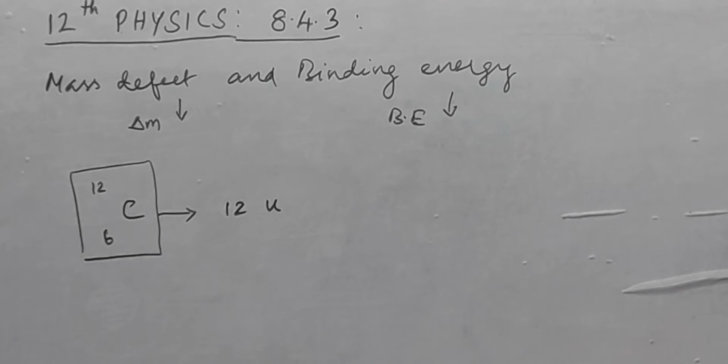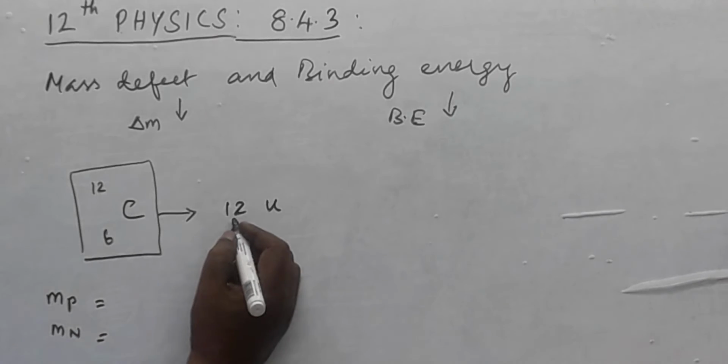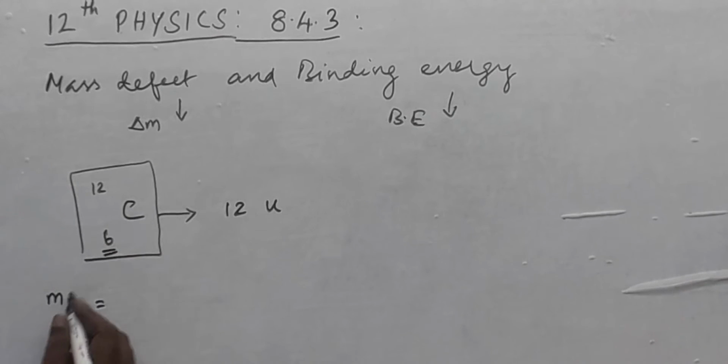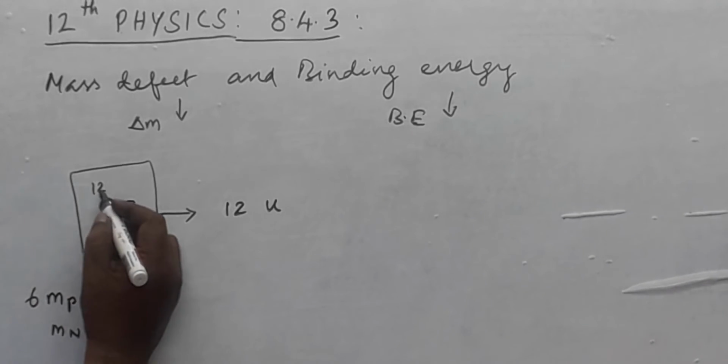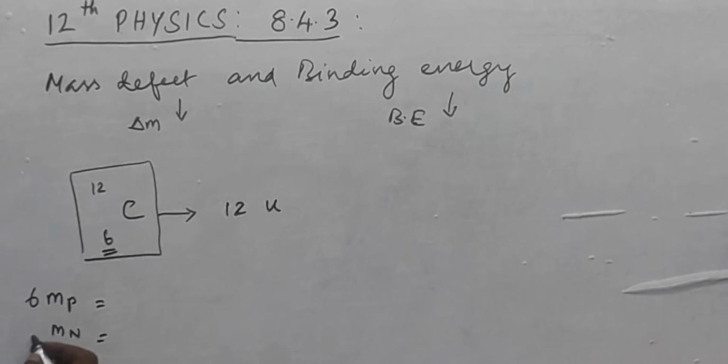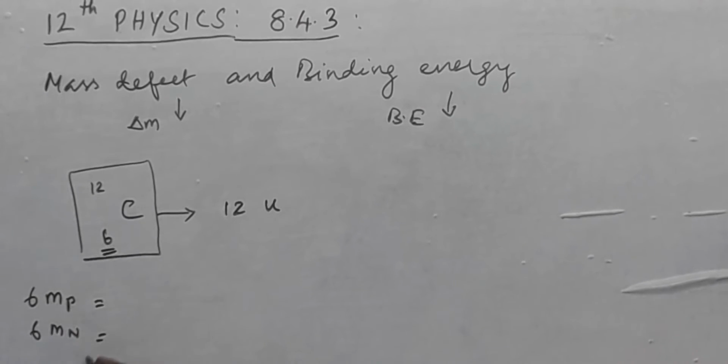Are you clear? If you calculate the mass of protons and the mass of neutrons: the mass of proton, 6 into MP, and how many neutrons? 12 minus 6, 6 neutrons, 6 into MN. You have to calculate these two.